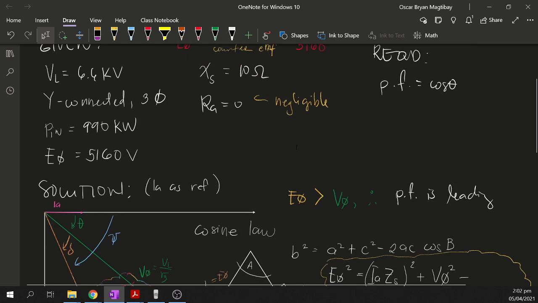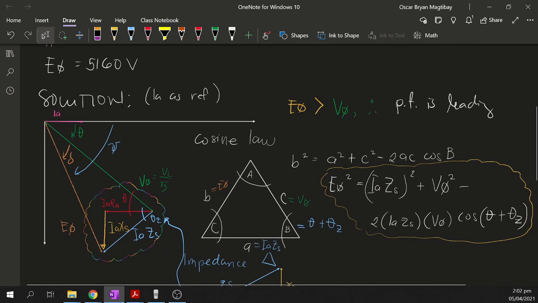Sa solution natin, ang atake na natin is, let us make it IA as reference para mas madali yung analysis natin. So we have IA ang ating reference, V phase ipababa. So sasabihin niyo uli, sir, bakit pababa yung V phase? Ibig sabihin ba leading yung power factor natin? Yes po.